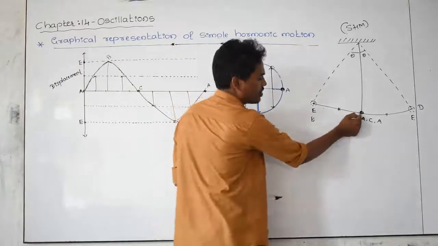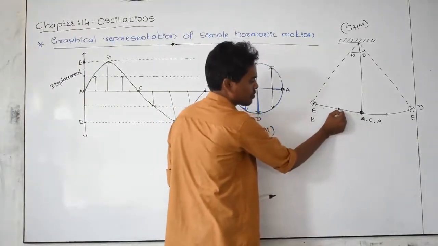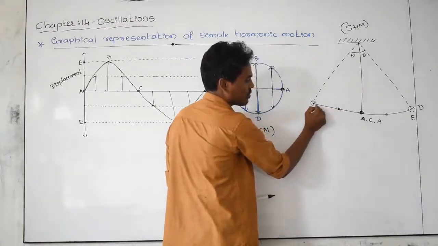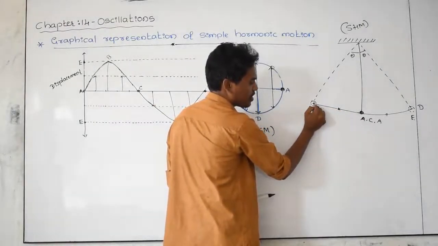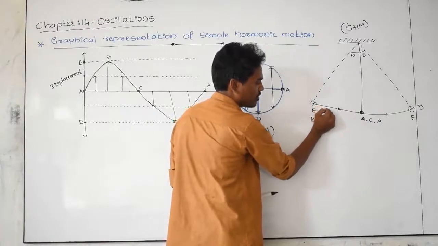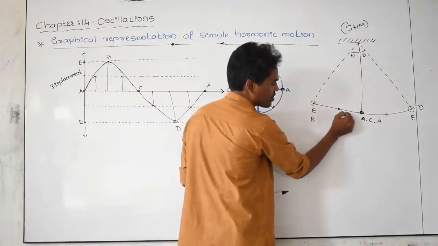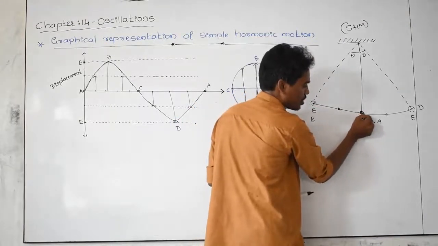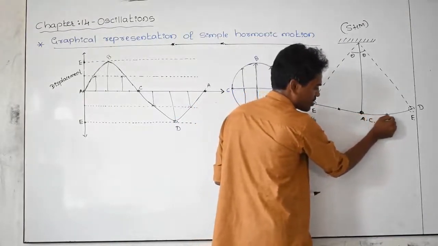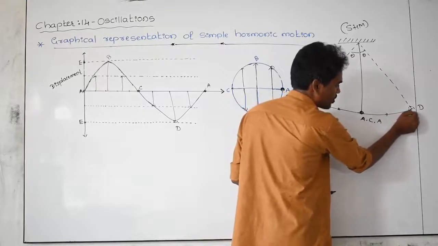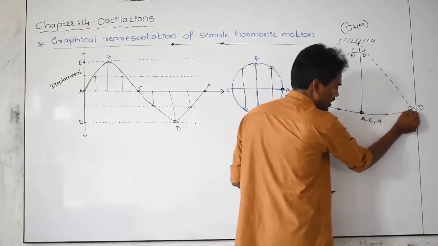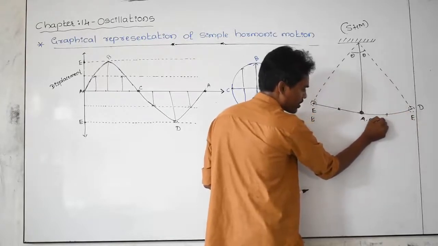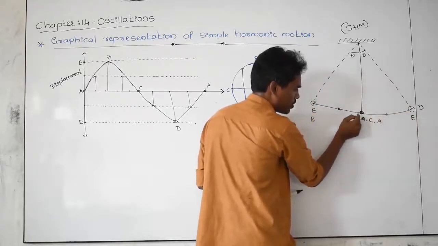The body is moving, displacement increases and becomes maximum. Now the body is coming back, displacement decreases and becomes 0. Displacement goes on increasing, at this point displacement becomes maximum. Again displacement decreases, and at this point displacement becomes 0.